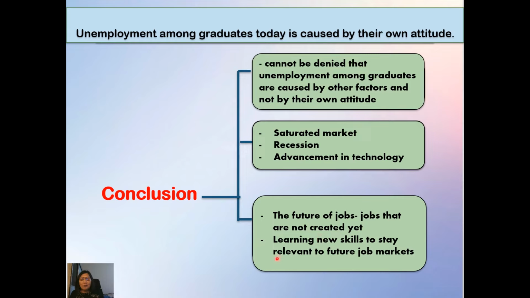And also I can provide advice here by saying that in order for graduates to be employed, they have to learn new skills that are relevant to future jobs. So here you can see how you develop the ideas for your concluding paragraph.